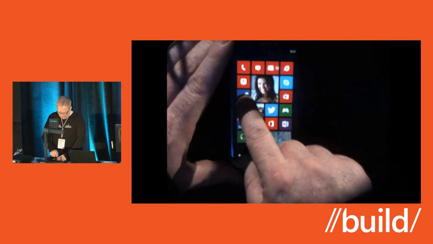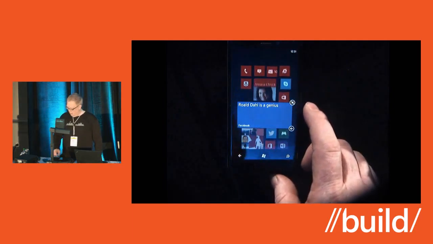So you notice here I can make Facebook bigger. On the big one, if you're familiar with the Facebook application, you can set what's on my timeline. So the Facebook application now shows a speaker going bananas. This is my wife and kids last Christmas, and my son's really into Roald Dahl right now.